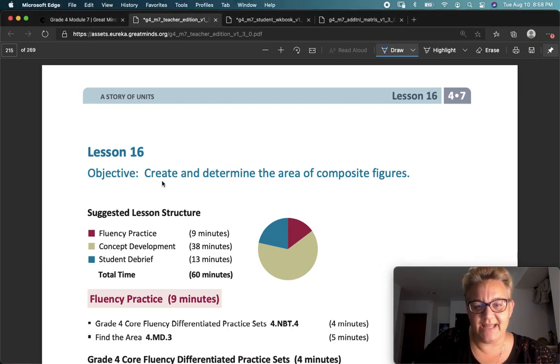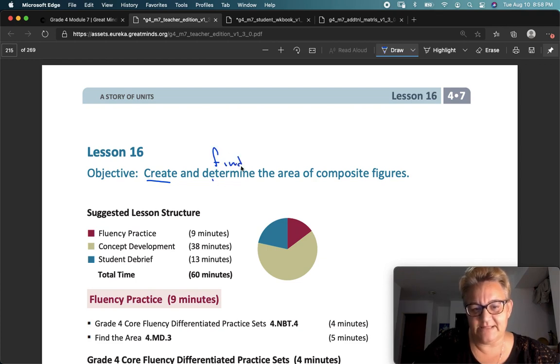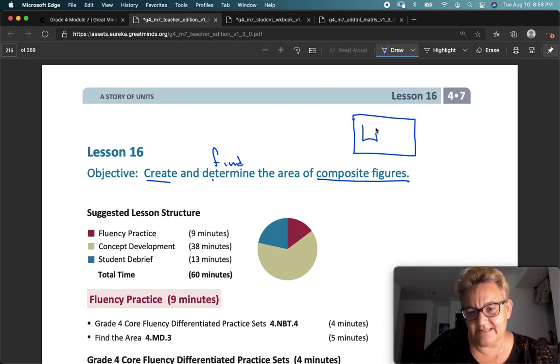Okay, so create, you guys get to be a little creative today. And determine just means find, right? Find the area of composite figures. So that just means drawings that maybe have things inside of them or are different shapes.